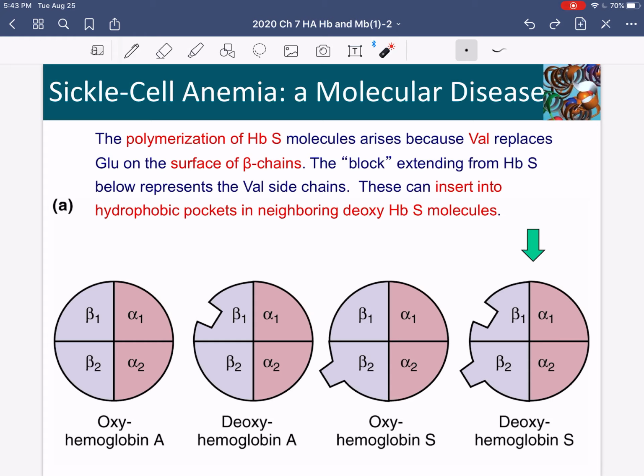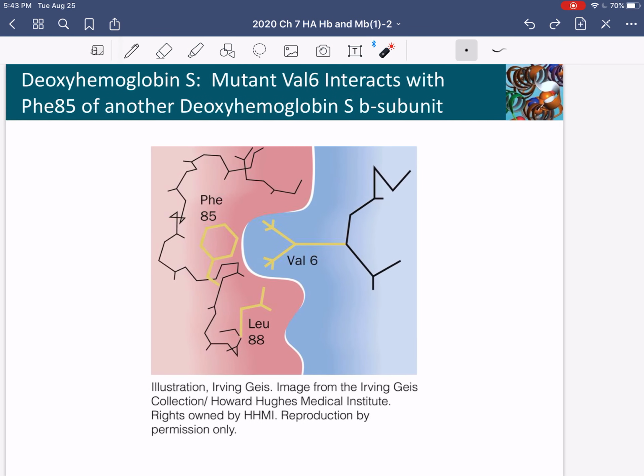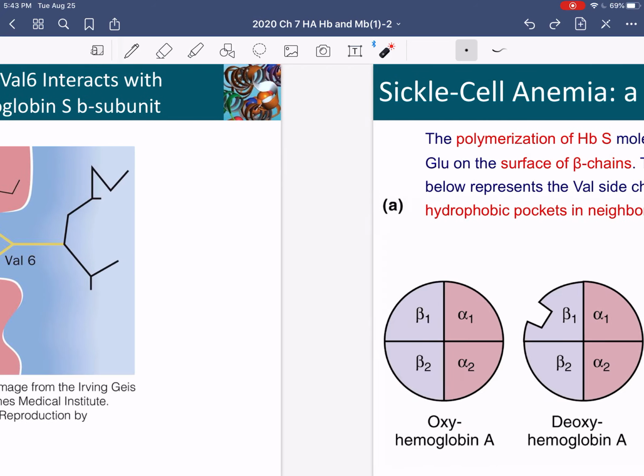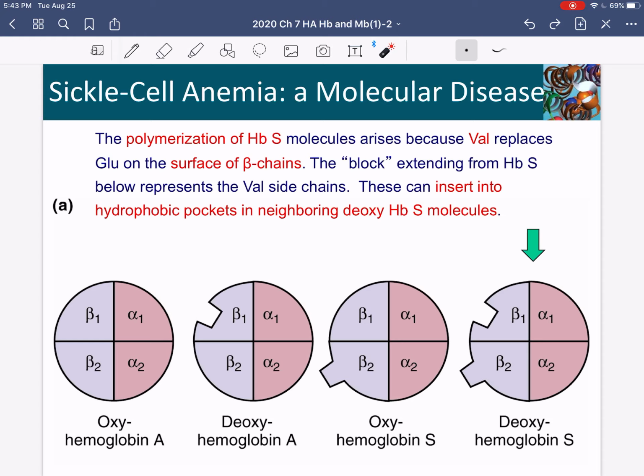Glutamic acid would not be happy in this hydrophobic pocket because there's a huge thermodynamic penalty burying a charge, a full charge, never mind a partial charge, into a hydrophobic space. So glutamic acid at this position would prevent this type of interaction. But a valine at that position actually helps the interaction.